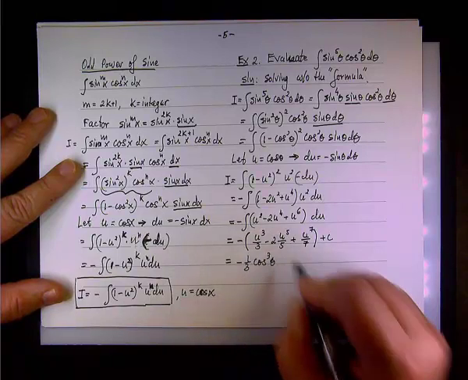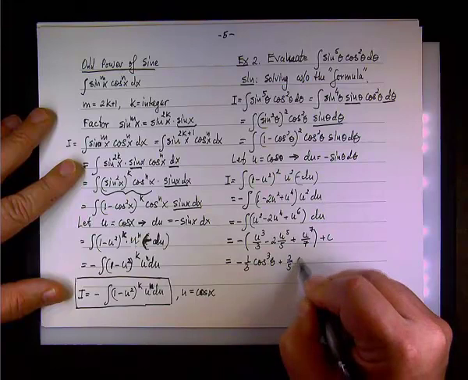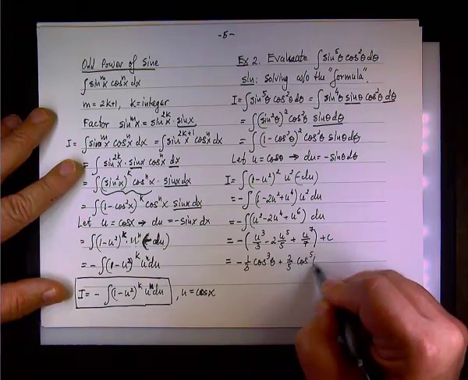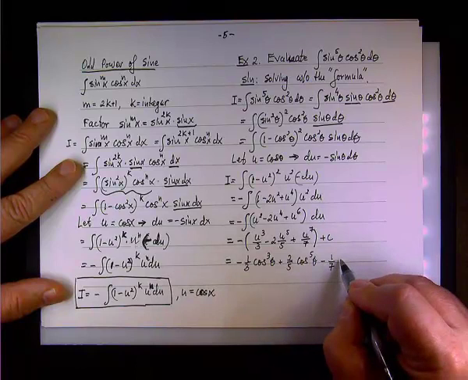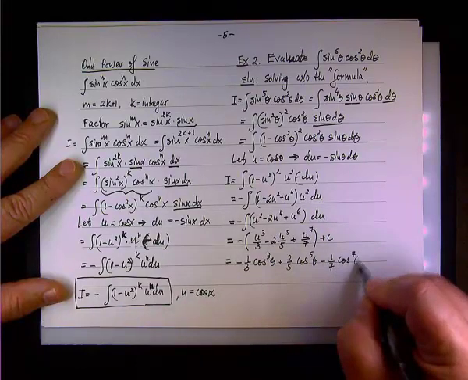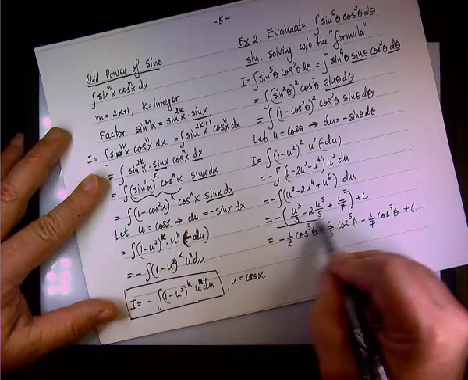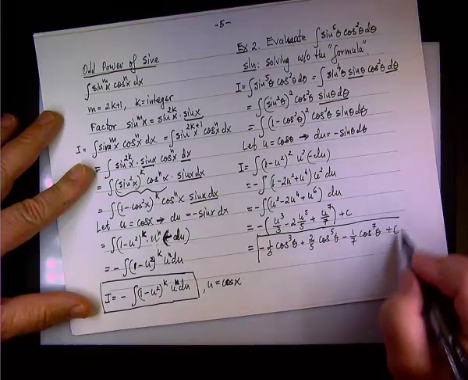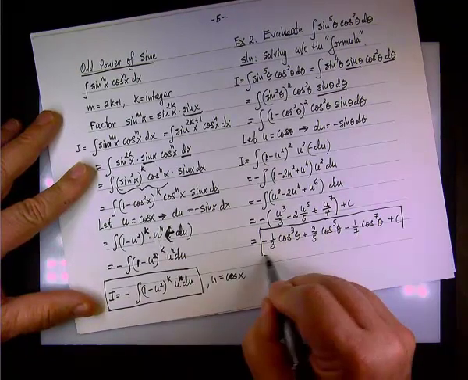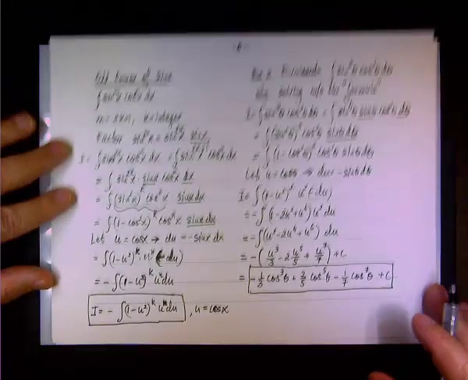And finally, bring back the cosine, and also clear the parentheses, so we end up having negative 1/3 cosine cubed plus 2/5 cosine to the fifth minus 1/7 cosine to the seventh plus c.